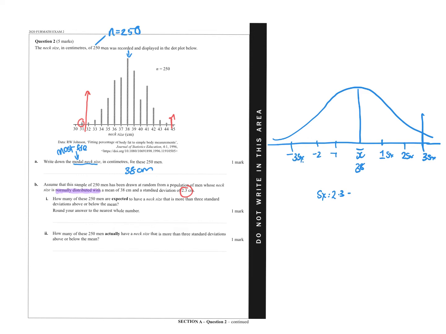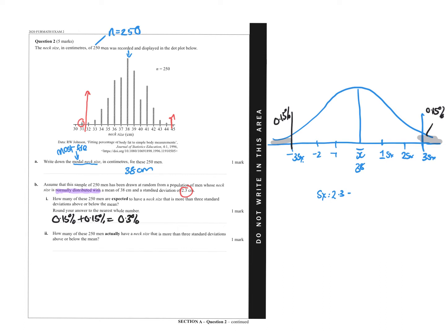If you check with your notes, that little pocket up here and that pocket down there, they're worth 0.15% of the population. So above and below you'd have 0.15% plus 0.15%, so you've actually got 0.3%.